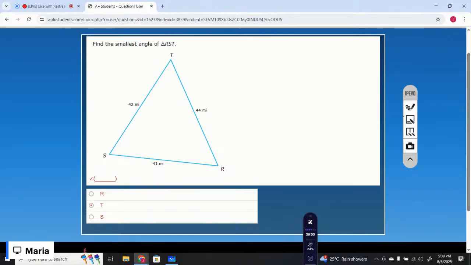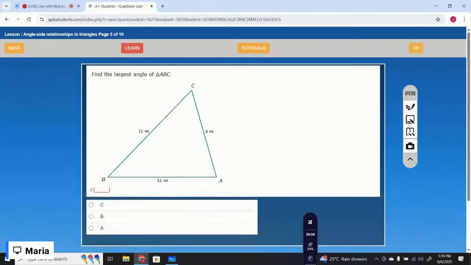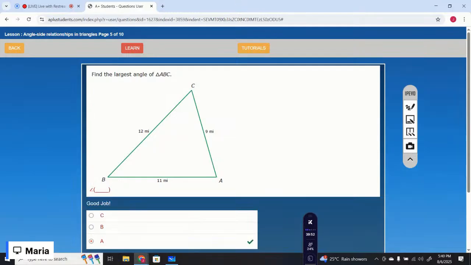Option number 2 is the correct option, that is T. Find the largest angle of triangle ABC. Angle A is the largest. Option number 3 is the correct option.